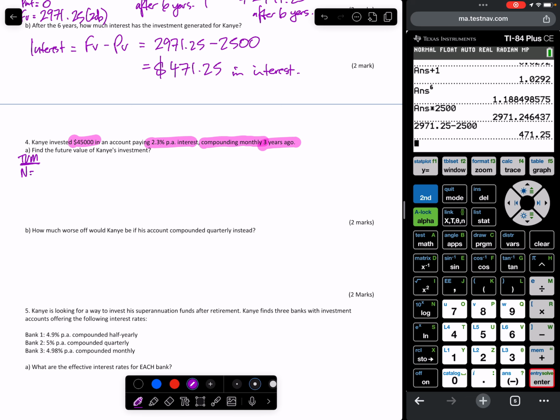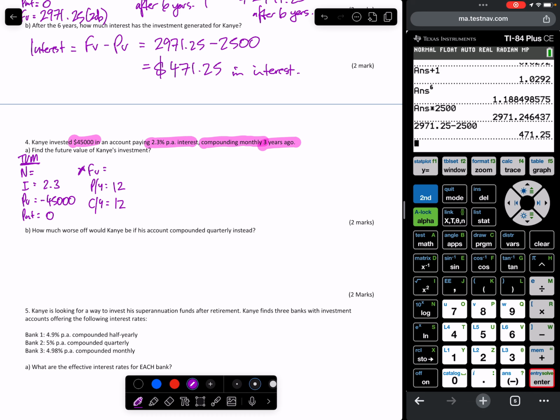TVM: N, I, PV, PMT, FV, PY, CY. Interest rate 2.38%. He invested 45,000, so it's negative 45,000 in PV. No payments. I want to know what it grows to, so solve for FV. It's compounding monthly, so PY is 12 and CY is also 12.